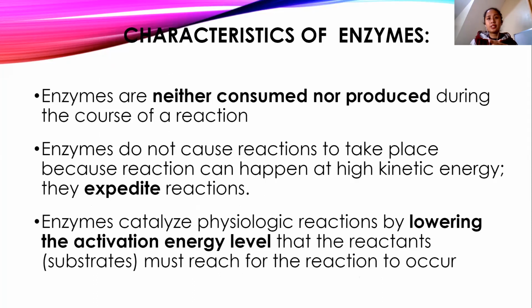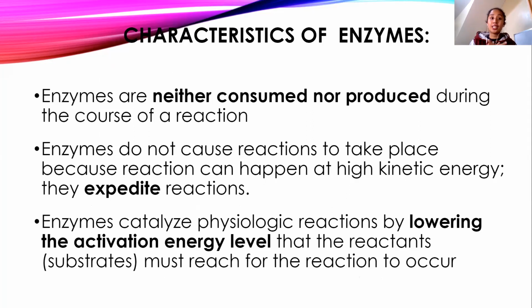So now, class, more of the characteristics of your enzyme. Let's get to know it better. Enzymes are neither consumed nor produced during the course of a chemical reaction. So it's still intact after a chemical reaction, as you can see in our image in the previous slide. What else? Enzymes do not cause reactions to take place because reactions can happen at high kinetic energy.